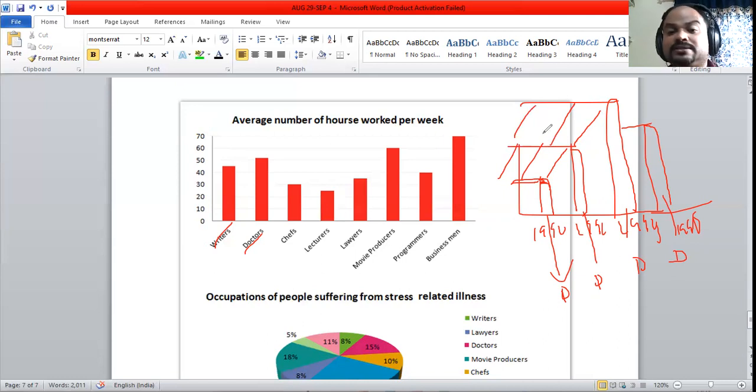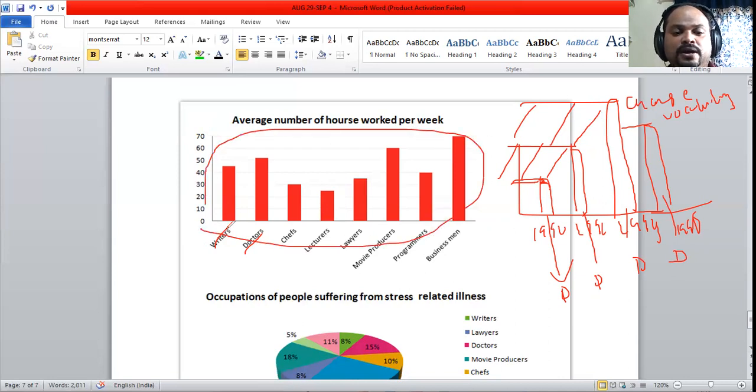graphical languages I can use, which we call change vocabulary. Change vocabulary is used in this particular chart. We don't have change vocabulary in the static chart because writers is compared with doctors, not with another set of writers, and we don't have two time frames.